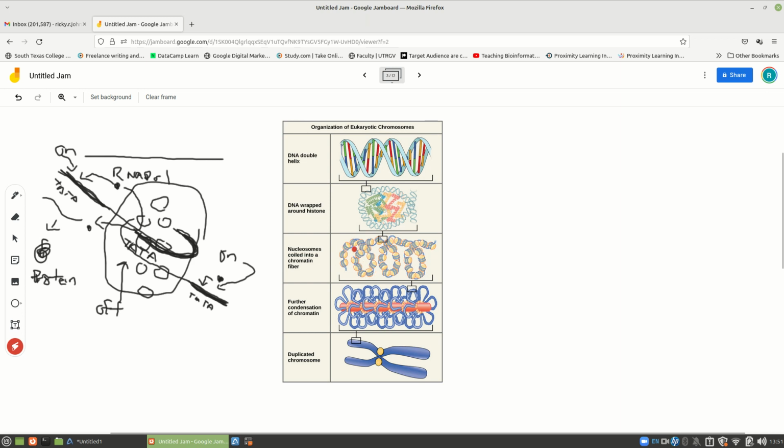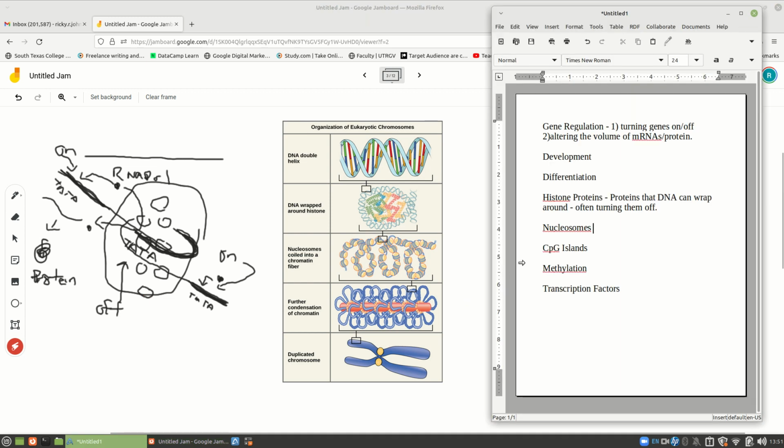The pieces in between, like right in here, they would be on, where the pieces that are wrapped around it are off. All right, and this is one nucleosome right here. This is many nucleosomes down here. All right, and that's our idea, and this is how we turn on and off our genes. We wrap them around the histone proteins, forming a nucleosome.